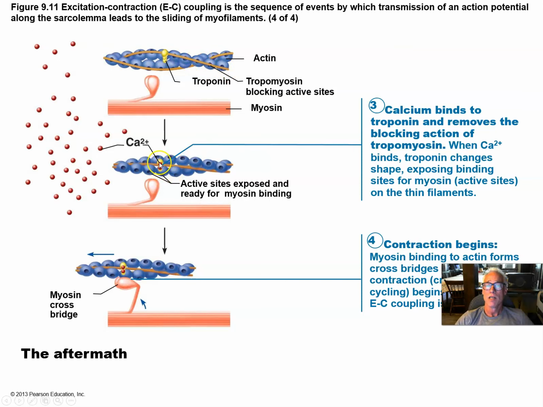Calcium ions then bind to troponin, and troponin changes shape like a handle moving the tropomyosin, and now we can see all those dark spots which represent myosin binding sites are exposed, and immediately the myosin heads will bind to the actin filaments. And once they bind, it's like pulling the trigger, and there's a spring-loaded hinge there that just rotates, and that myosin head actually pulls the actin to the left and the myosin to the right in this illustration, and the two filaments physically move.